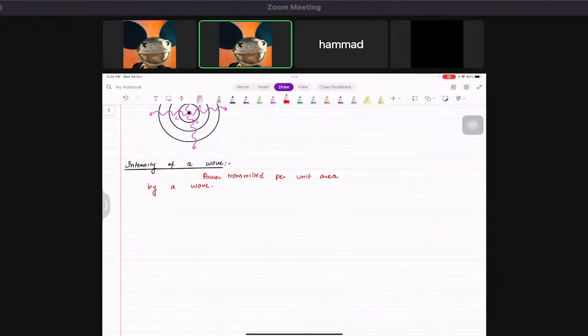The symbol generally we take for intensity is capital I, and the SI units are watts per meter square.